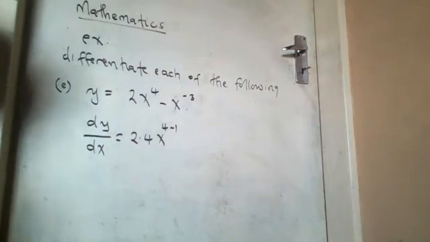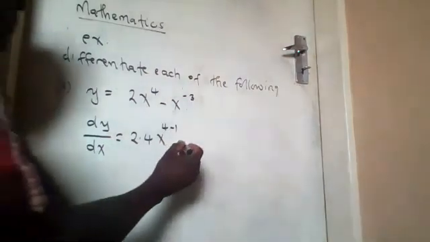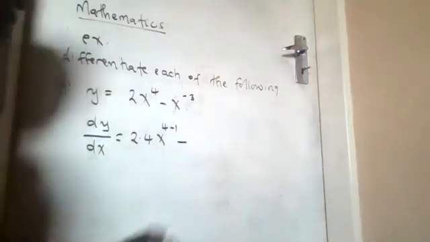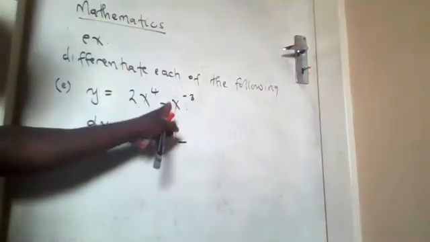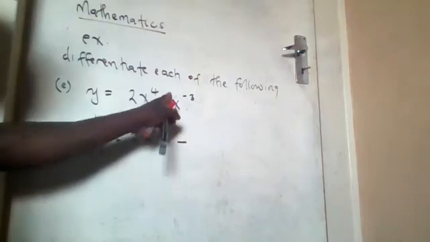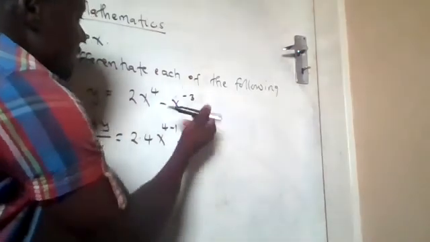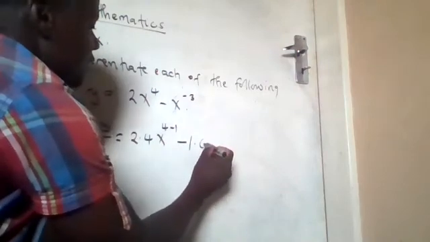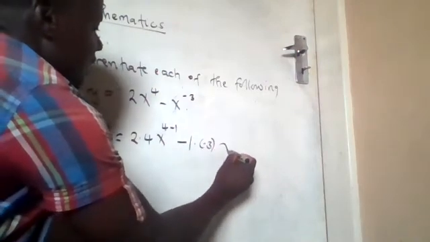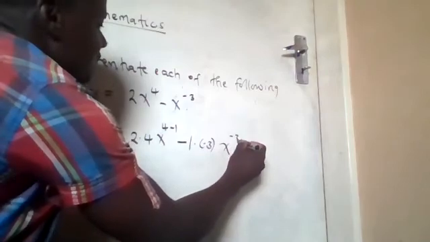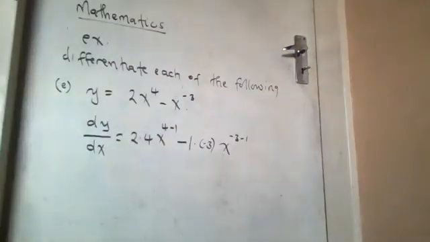Right? Minus the coefficient here, it's 1. The coefficient here is 1. That's why they did not write it. So it is 1 times the power, which is -3. And then you say x, and from the power -3, we subtract a 1.